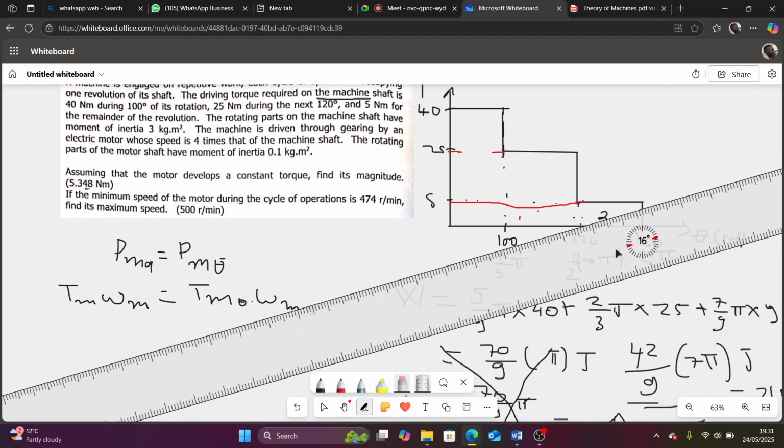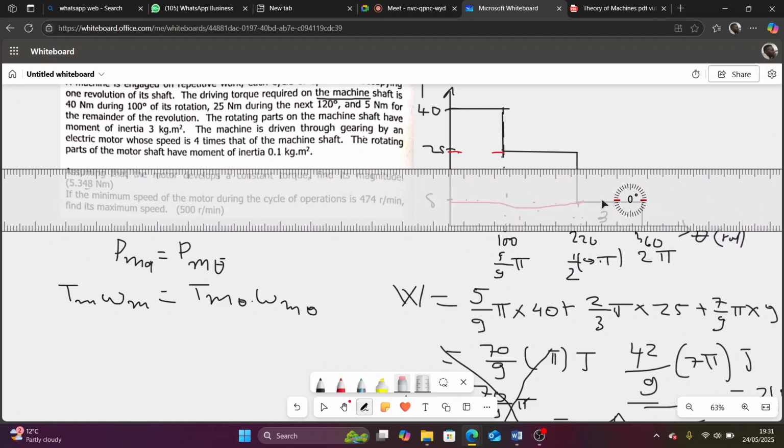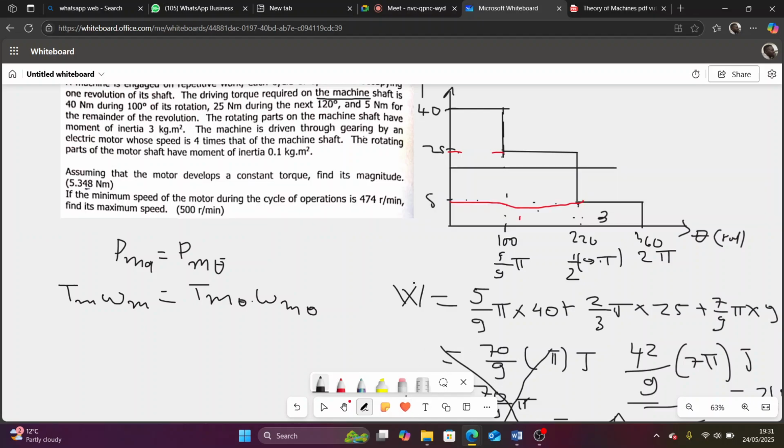21, do you agree it is just below 25, right? So it has to be somewhere here. So do you agree on this one? Yes. I can write this one to be 21,39. So this is the mean torque.